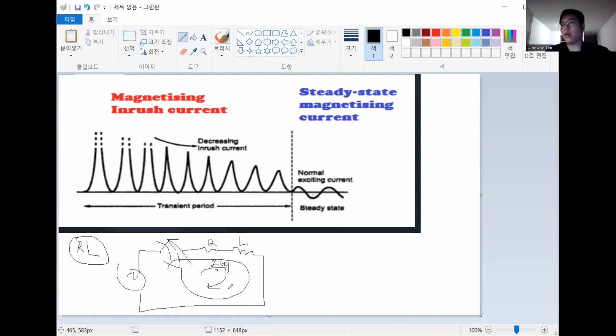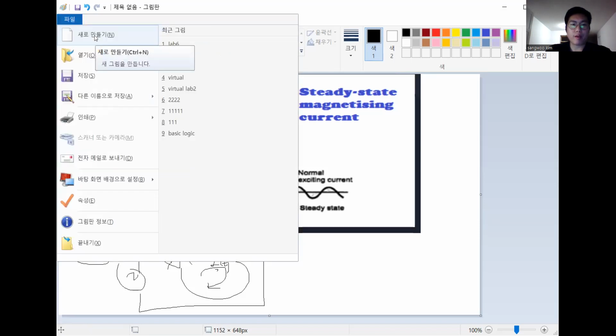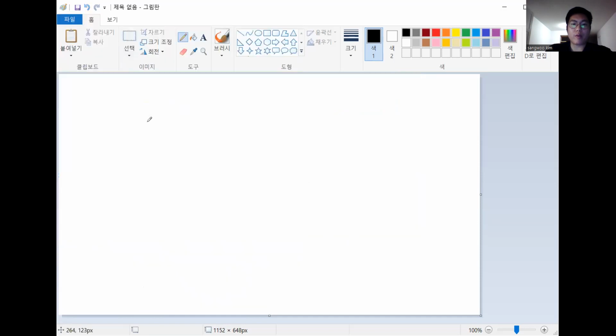As you should know, an asymmetric current waveform happens, because of the RL property.